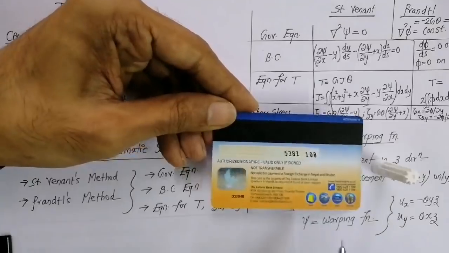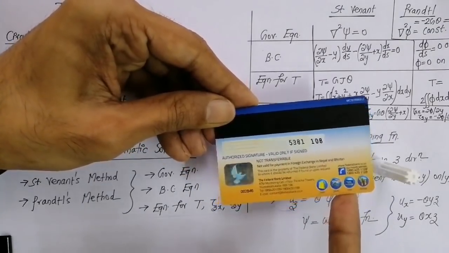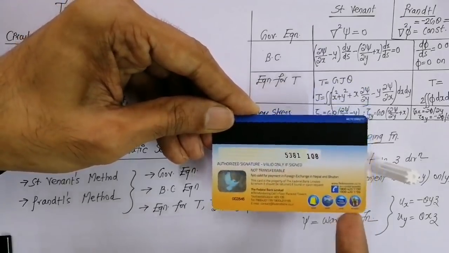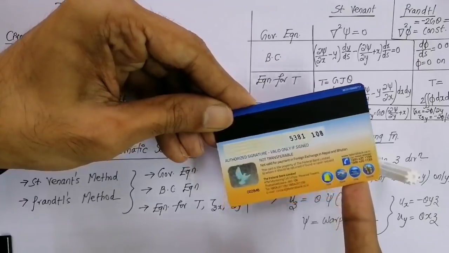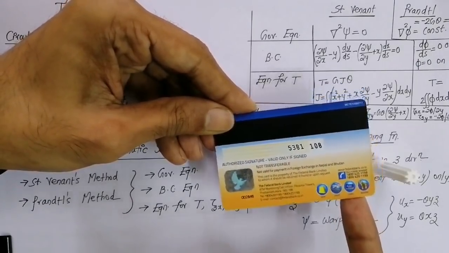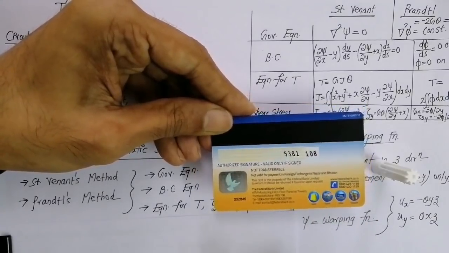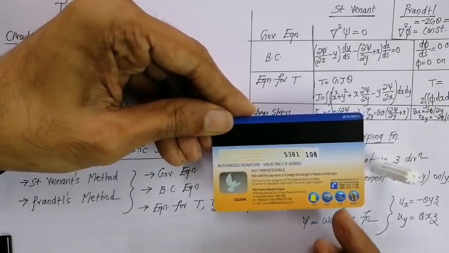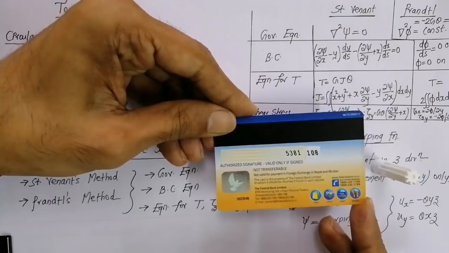After the application of the torque, if I take any point, this cross section will move like this. That means there is displacement in the x direction and y direction. In addition to the x and y displacement, if there is a displacement in the z direction, that means there is tilting of the cross section, or displacement in the z direction.